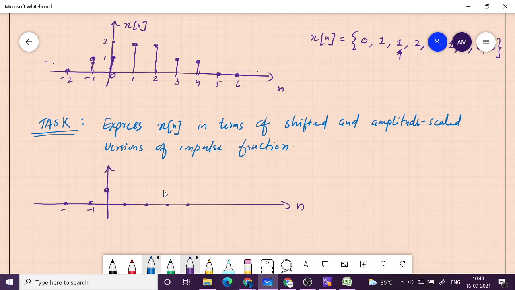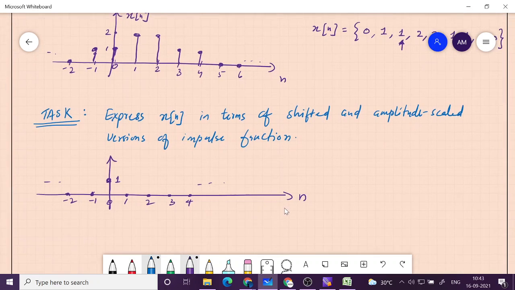So this is -1, this is -2, this is 0, this is 1, 2, 3, 4, etc. Everywhere else it is 0 except here it is 1. I just took the value of this function at n equal to 0 and put it there. So that is one function.